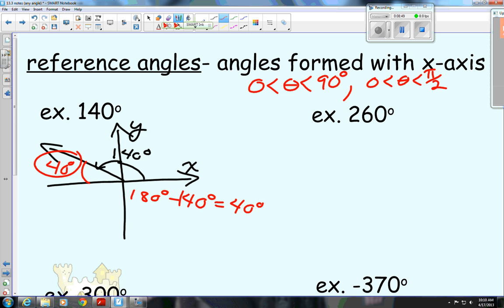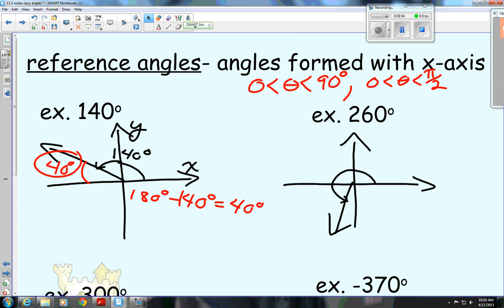Okay, so let's look at the next one, 260. Which quadrant's that one going to land in? Quadrant 3. Yep, it's more than 180, less than 270. So it's going to be in quadrant 3. Now remember again, the reference angle always goes back to the x-axis. So now I want to know how much more than 180 it is.